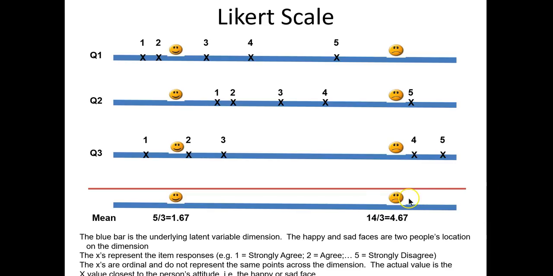And, of course, the scale ranges from 3, 1 plus 1 plus 1 is 3, to 15. 5 plus 5 plus 5 is 15. Well, actually, if you take the average of the 3, it goes from 1 to 5. So this guy's out at 4.67. This guy's at 1.67.